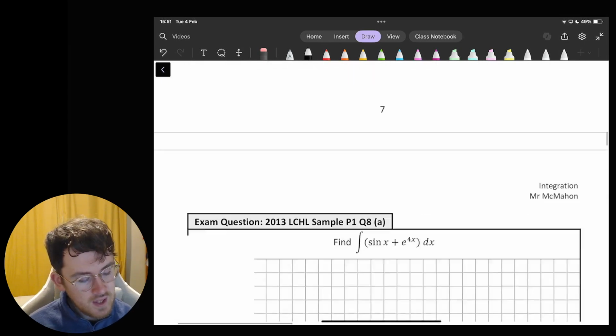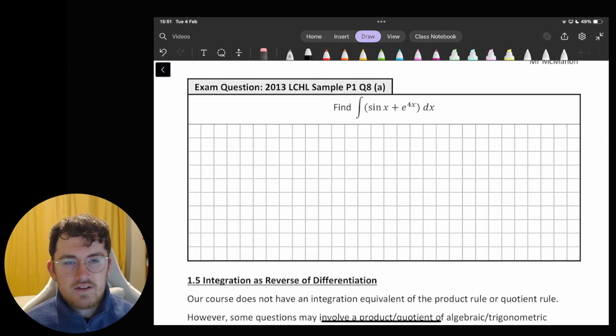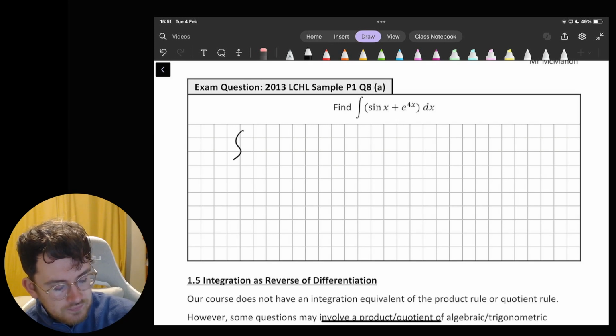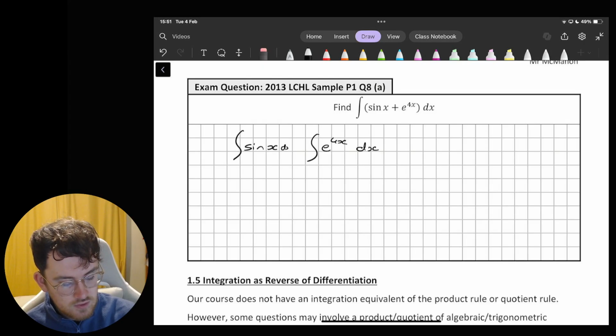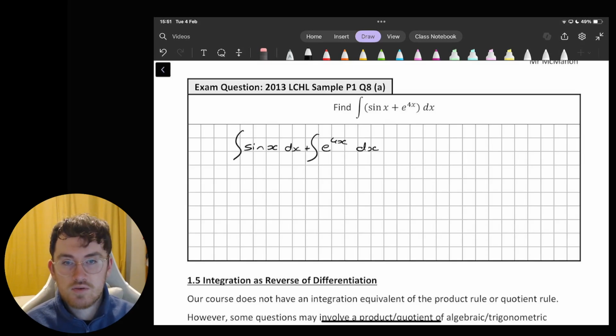We could write that as 5 over 3 sine 3x plus c if we wanted to just express it slightly differently. Looking at one other example here, sine x plus e to the power of 4x, so tying together trigonometric and exponential, the two maybe slightly different types of integral that we could have. When we're completing an integral like this, it can be maybe helpful for us to consider them as 2 separate functions, and it's a sum of 2 functions. So I know from my rules for integration that a sum of 2 functions can be rewritten as a sum of 2 integrals.